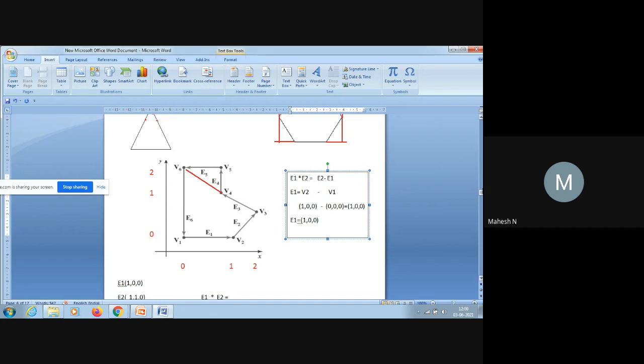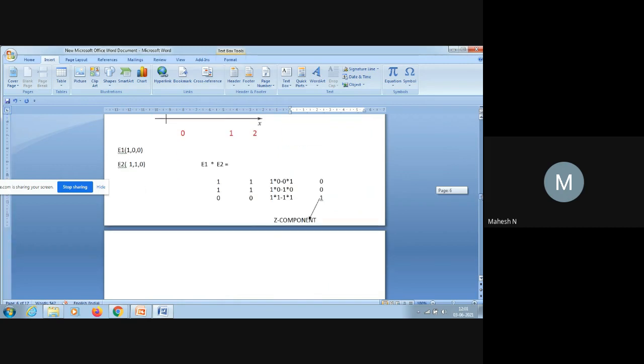Next, how I will be finding the cross product is, see here. The cross product between the two edges: my first edge E1 is 1 1 0, and my second edge E2 is also 1 1 0. How do I take the cross product between these two edges?